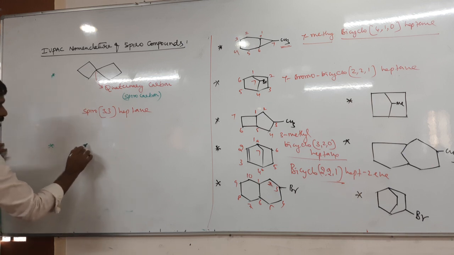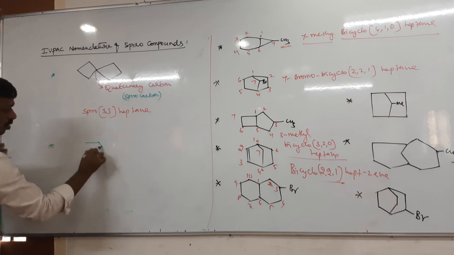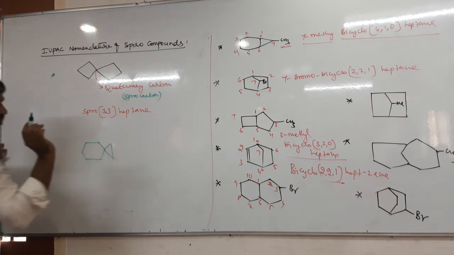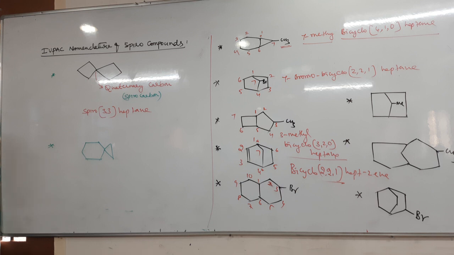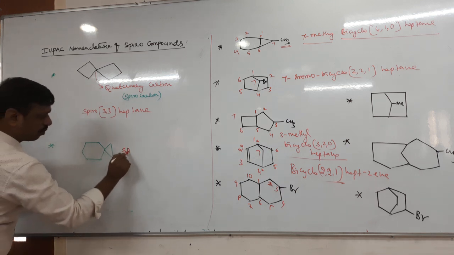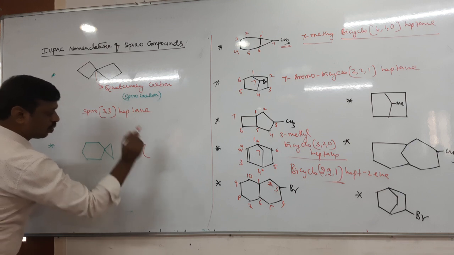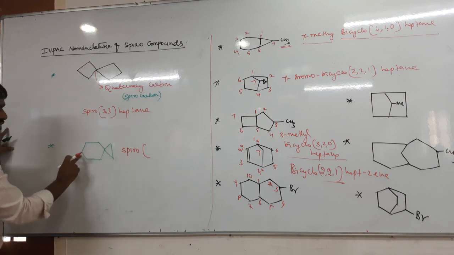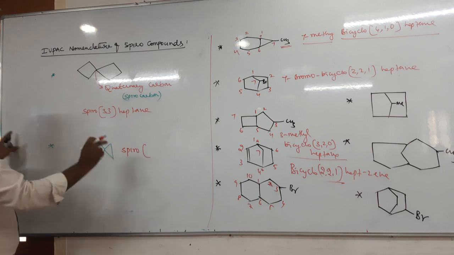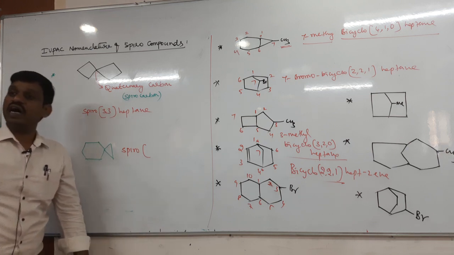For example, it's quite opposite. If the spirocarbon has 6 carbons here and 3 carbons here. Okay, it is a spirocarbon. And tell me, what is the name? Spiro. So now 1 2 3 4 5, 1 2. So the number of bridged carbons should be written in ascending order.